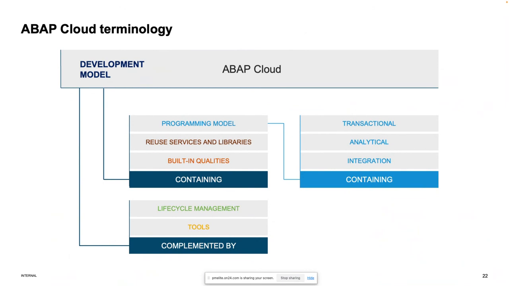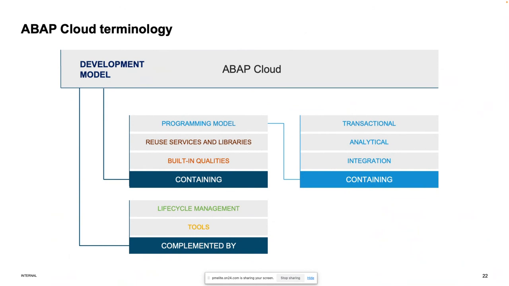But as we know, ABAP is not only about just the code, it's also about the reuse services and the libraries, which means everything which makes your life as a developer easier to build business applications, like all the compliance stuff, the logging, the number ranges, the currency conversions and currencies, everything there.